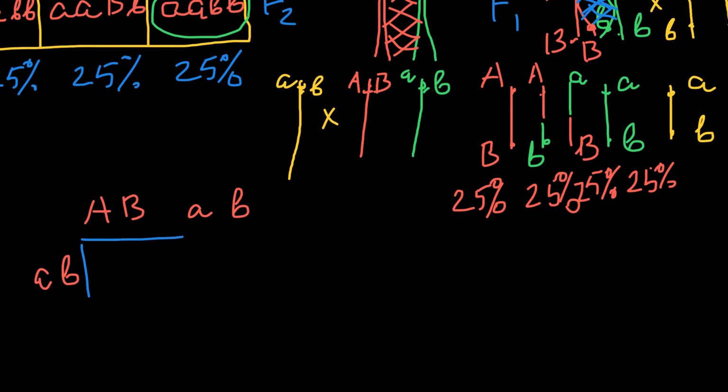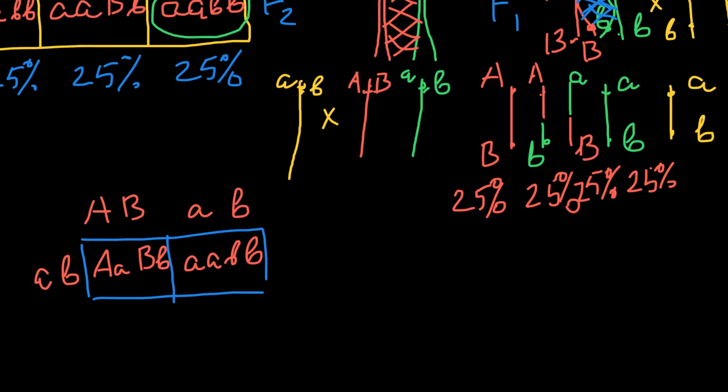When we build a simple Punnett square, you see only two variants are possible. So capital A, small a, capital B, small b, and small a, small a, small b, small b. So 50% and 50%.